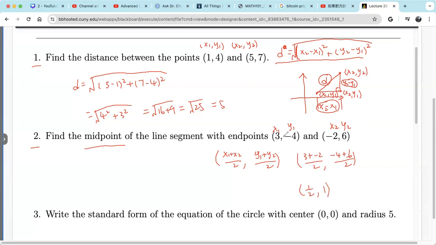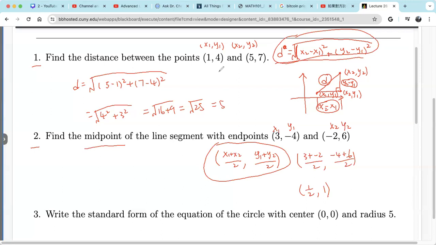So the middle point of 3, -4 and -2, 6 is half, 1. This is the middle point formula: the average of the x values, the average of the y values. And this is the distance formula.